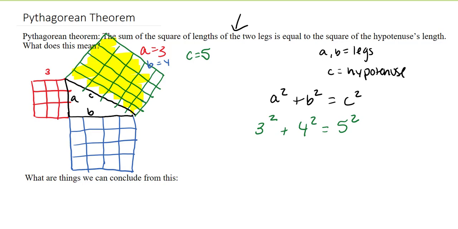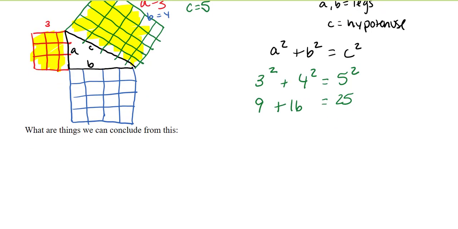Then this whole area here is equal to 9. So we have 9 on this side, and then B, which is 4, and 4 squared is 16. So you can see how 9 plus 16 is equal to 25, which is equal to the right-hand side.